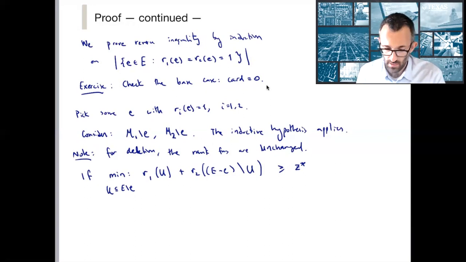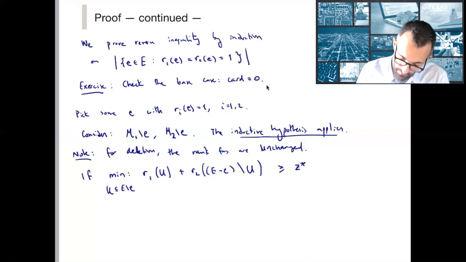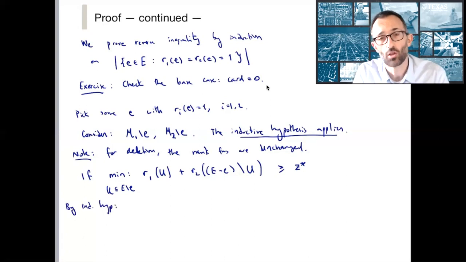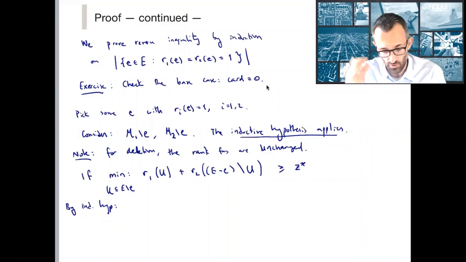Well, let's see what the inductive hypothesis tells us. The inductive hypothesis applies on the deletion. So by the inductive hypothesis, I know that in the smaller matroids, this minimization value is attained by some set in the intersection of the independent systems for the deleted matroids.